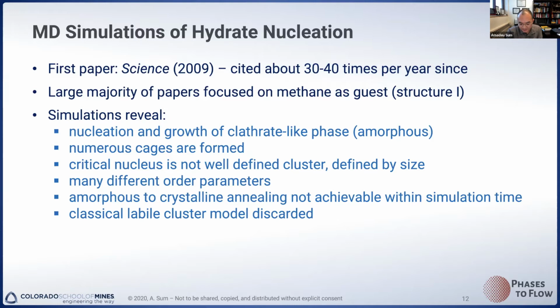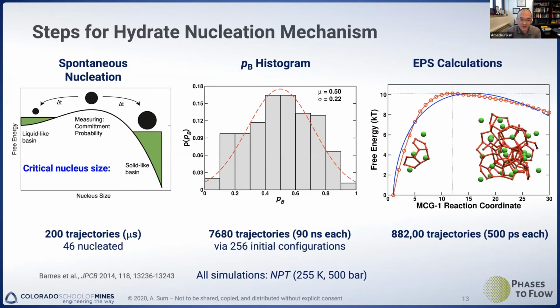I think that was a significant contribution, because the previous understanding based on this labile cluster was really just hypotheses. There was no evidence for it. Okay? And so when we consider hydrate nucleation, we are interested in a mechanism, right? And a mechanism has to do with the size of the critical nucleus, right?